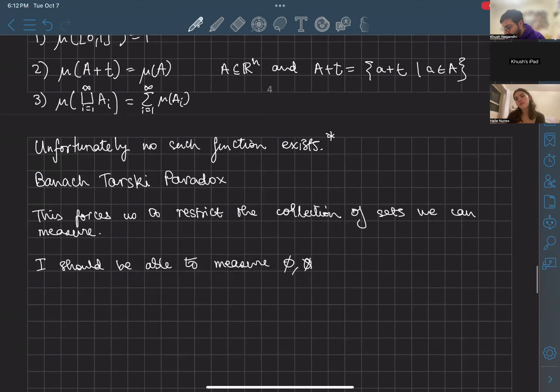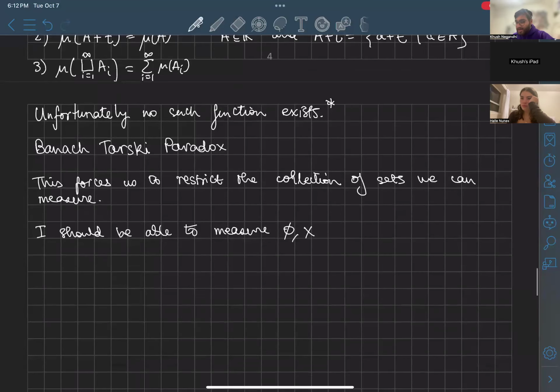Let's say the set is X. Also, if I know the volume of one set, and I know the volume of the entire set, then if I remove the set that I have from the entire set, I should be able to tell what the volume of the remaining part is.